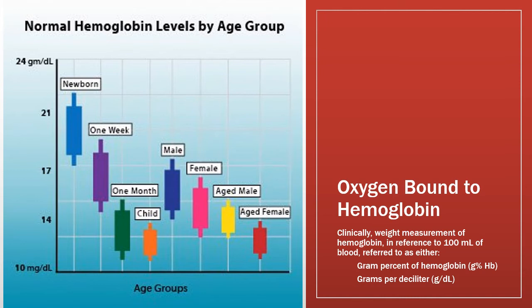Clinically, weight measurement of hemoglobin in reference to 100 ml of blood is referred to as either gram percent hemoglobin or grams per deciliter. Pictured here are normal hemoglobin levels by age group.